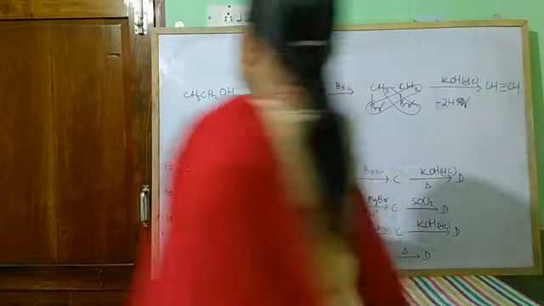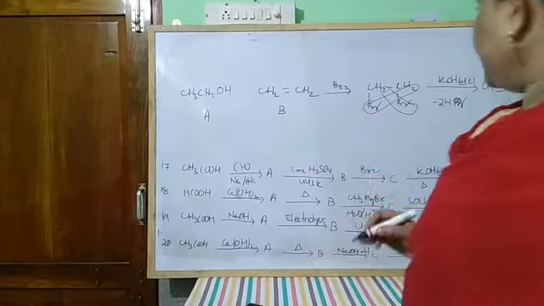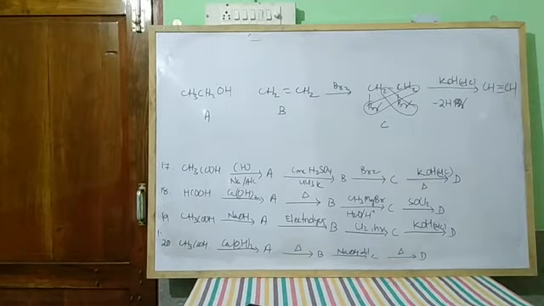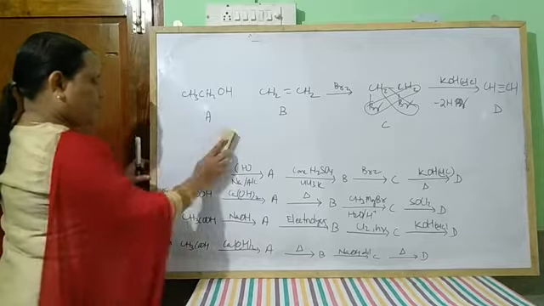So A is ethanol, B is ethylene, C is 1,2-dibromoethane, and D is acetylene. Next come to next question.